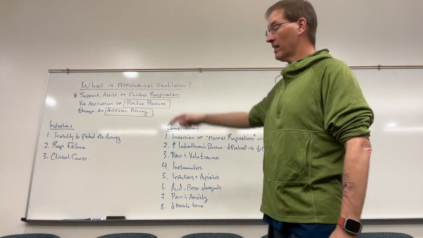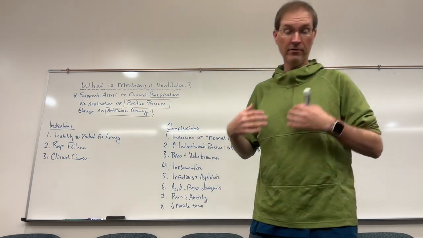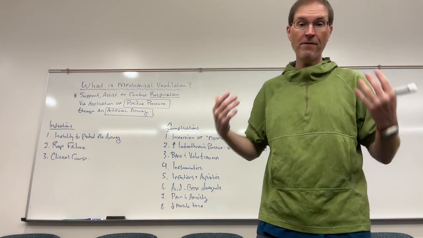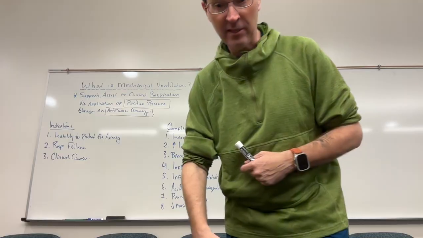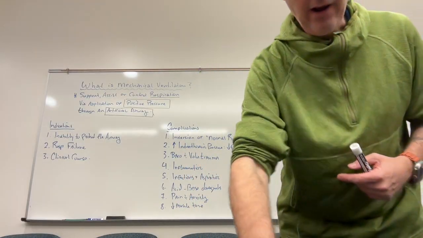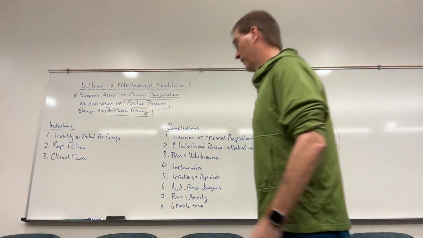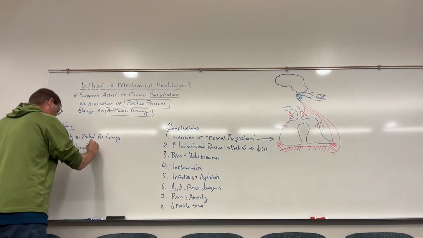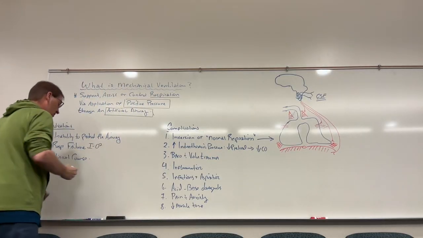The second major indication is respiratory failure. This is where the respiratory system, for whatever reason, fails to meet the metabolic demands of the body. And there are a few different types of respiratory failure, all right? So there's what we call type 1 respiratory failure, and this is a failure to oxygenate.